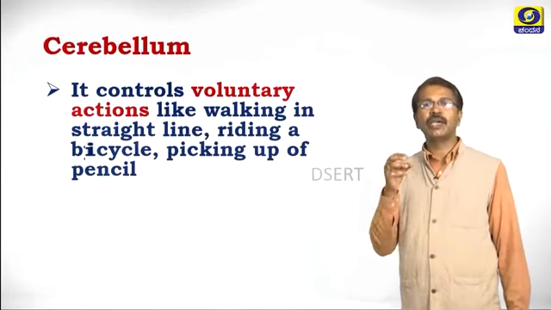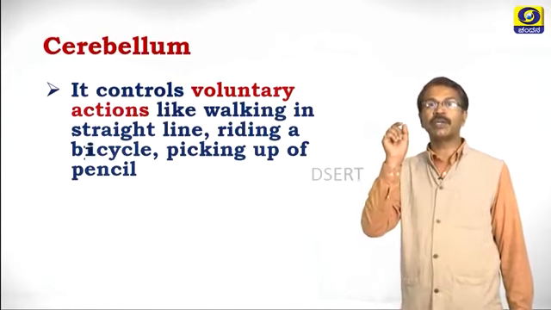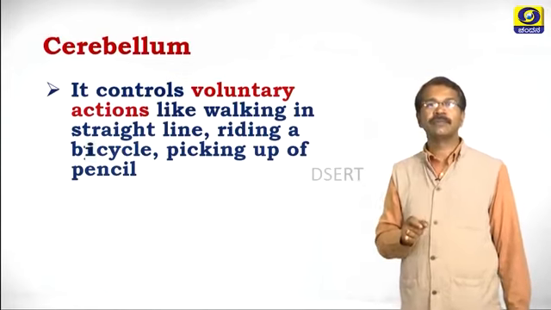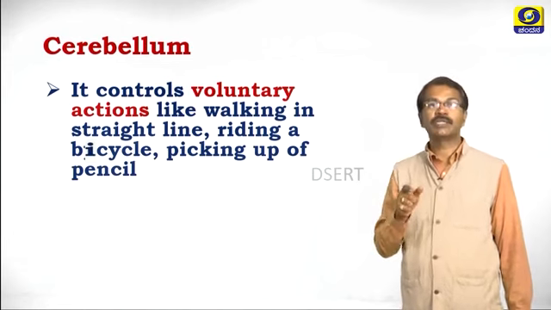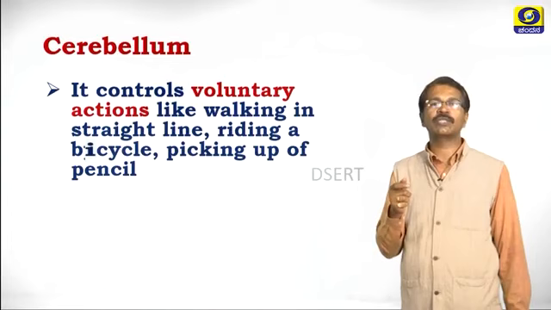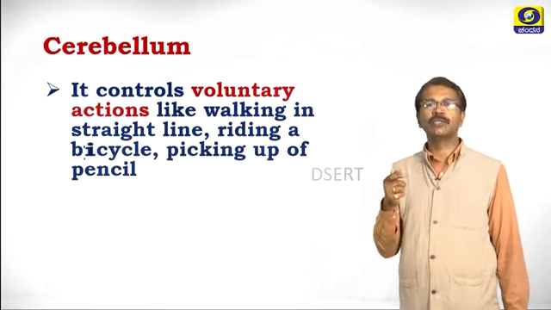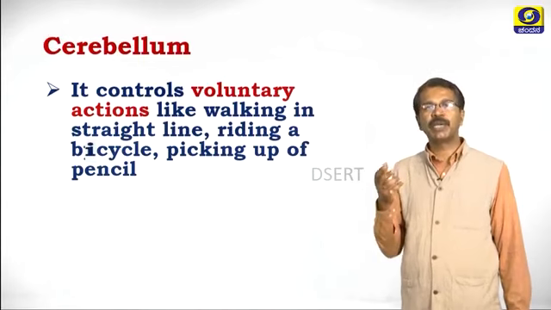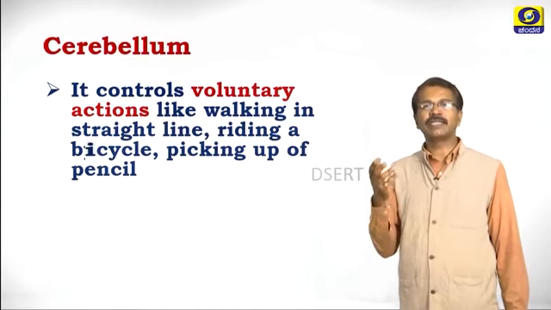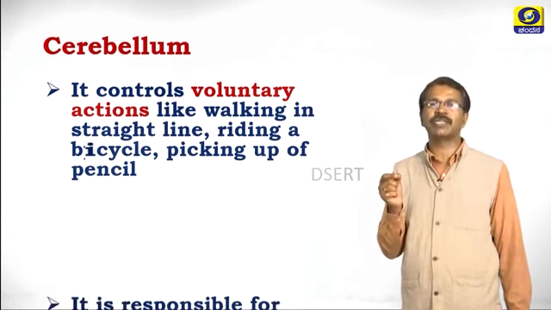For example, if you are walking in a straight line, or walking on a string or on a rope, such balancing of the body is because of the cerebellum. And if you are riding a bicycle, that balancing of your body is also because of the cerebellum. As I mentioned, picking up a pencil, a precision grip, is also because of the cerebellum itself.